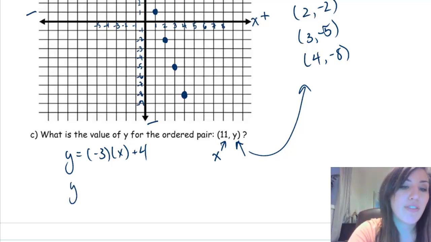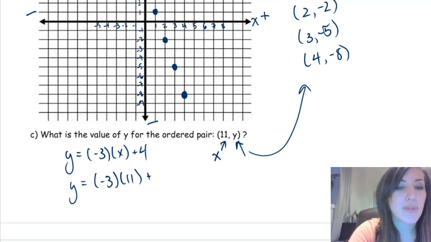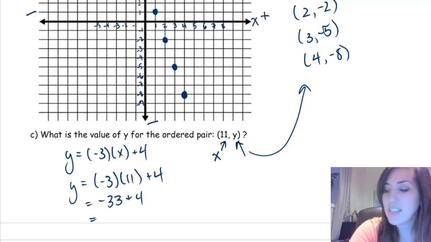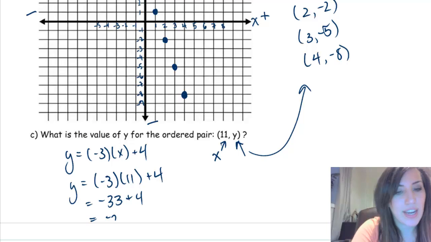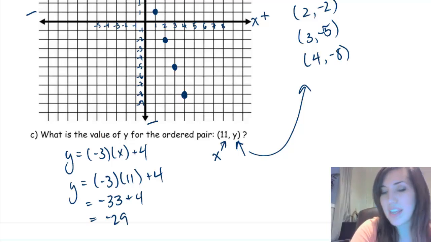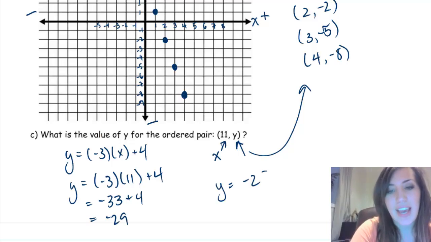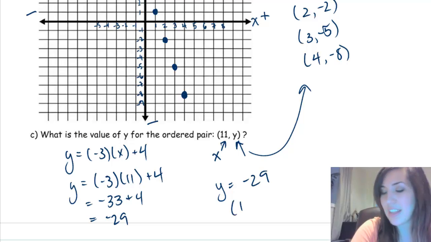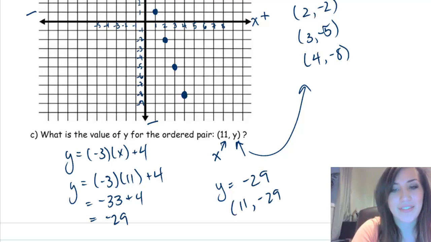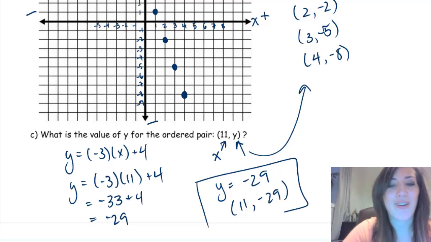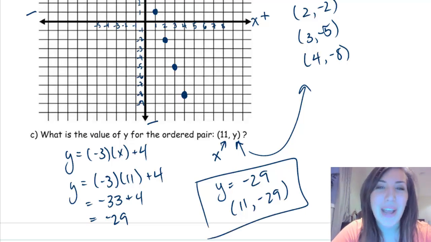So similar to what we did for our table of values, we have negative 3 times, in this case, x is 11, plus 4. Negative 3 times 11 is negative 33, plus 4. And that gives us a y value of negative 29. So y equals negative 29, and our coordinates are 11, negative 29. That would be our ordered pair and the value of y.